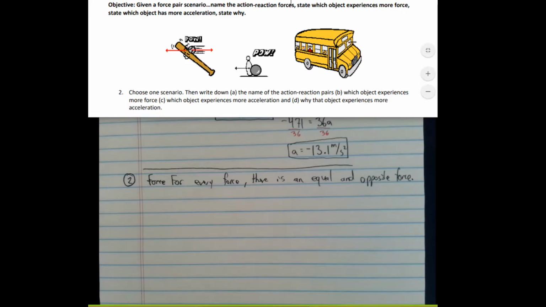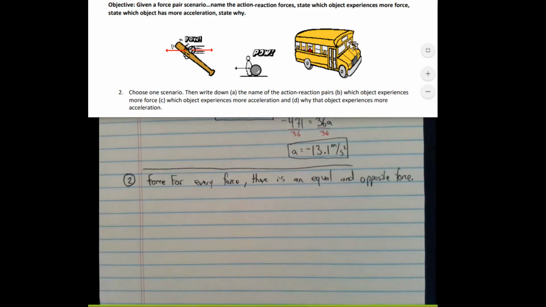And I want you to be able to name the forces. I think it's pretty easy to do. For example, this one here would be bat pushes ball, ball pushes bat. Here would be ball pushes pin, pin pushes ball. And here we have a bus that's hitting a bug.